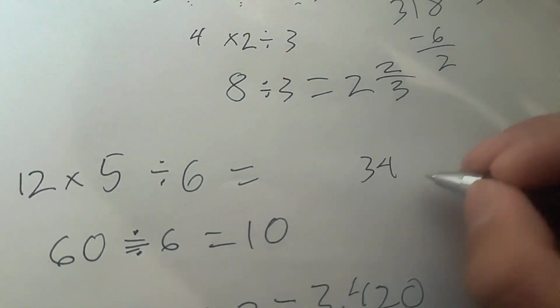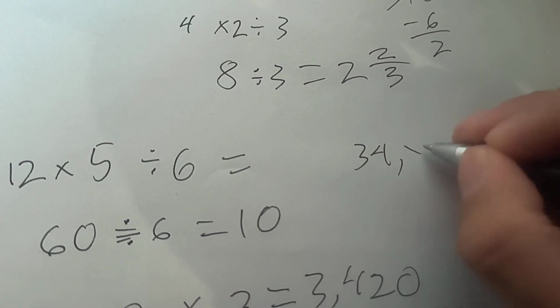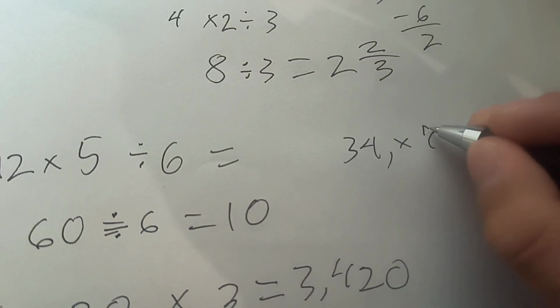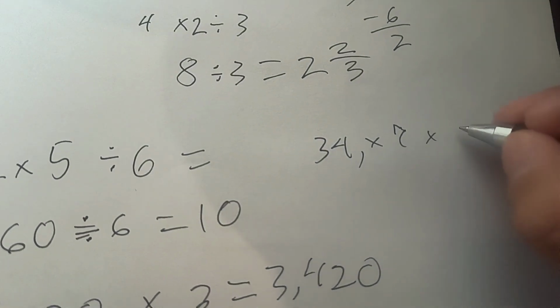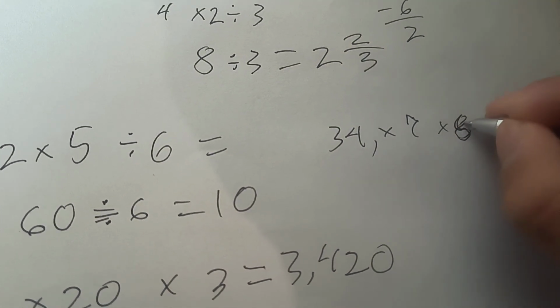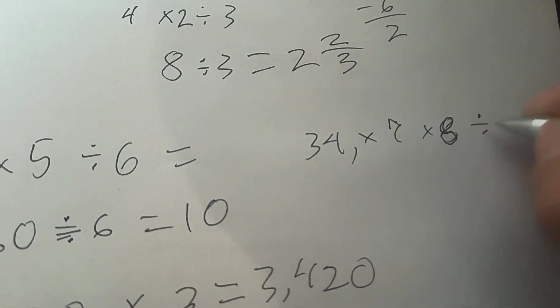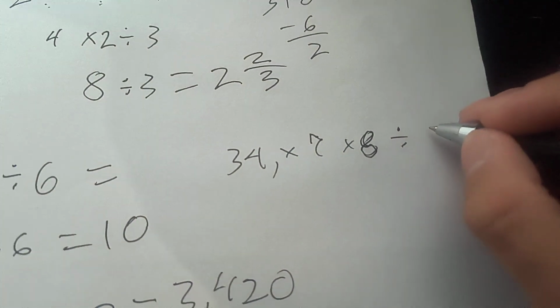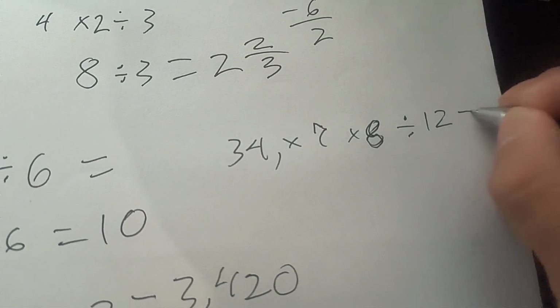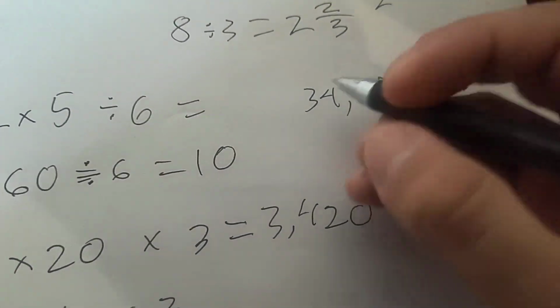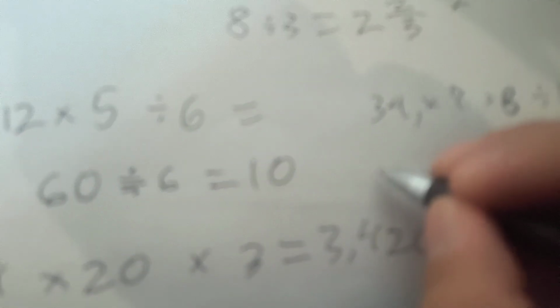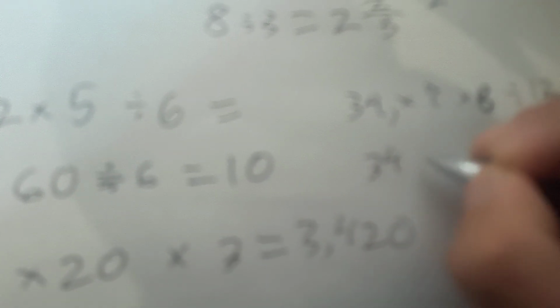Okay, what about 34 times 34 times 7 times 8 divided by 12? What does it equal? Well, let's see. 34 times 7, 34 times 7.